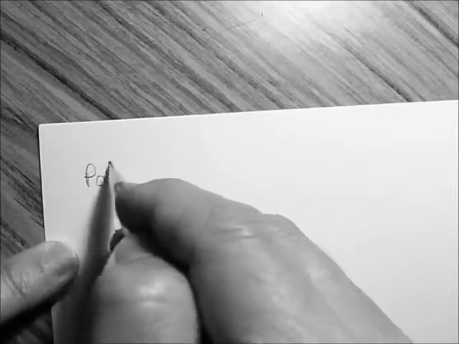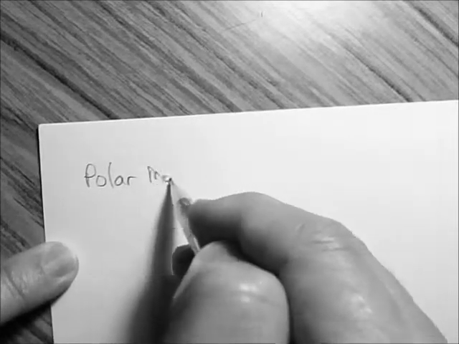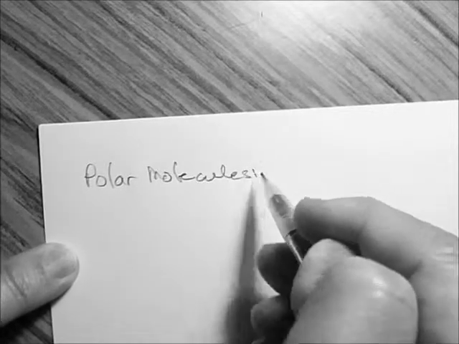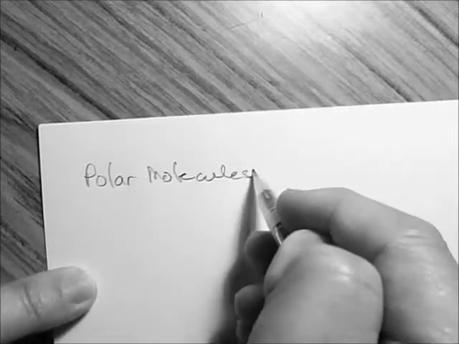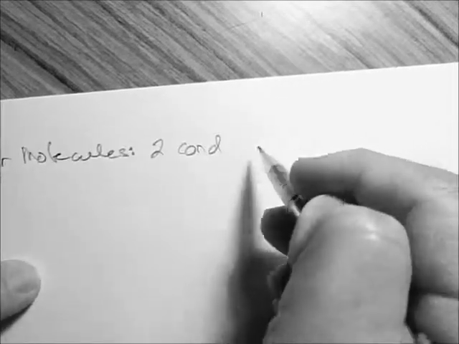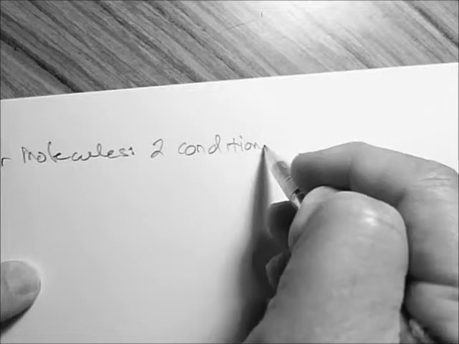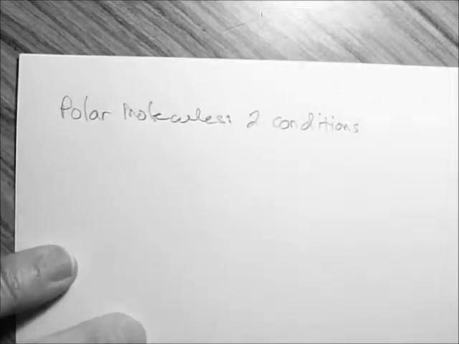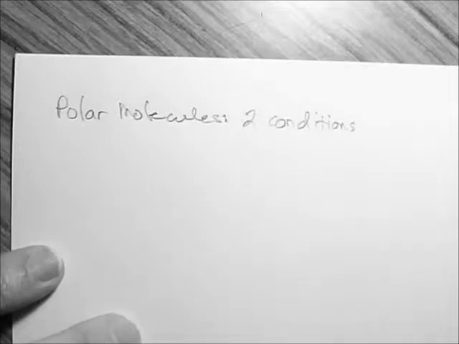For a molecule to be polar, you must have two conditions. If you did it yesterday, you're fine. I'm just making sure we're clear about it. You have to have an uneven distribution of bonds, and the bonds have to be polar.